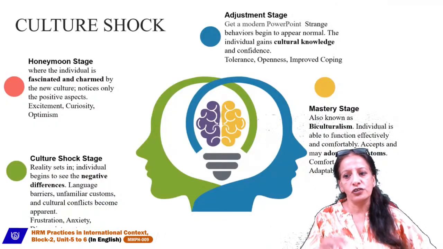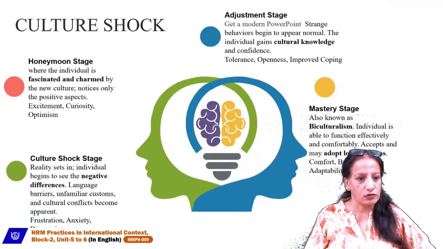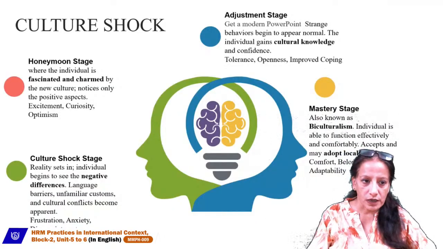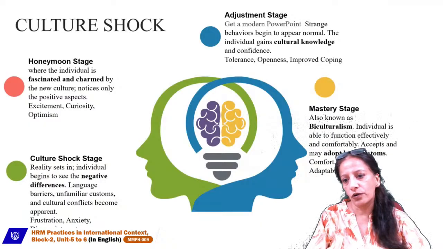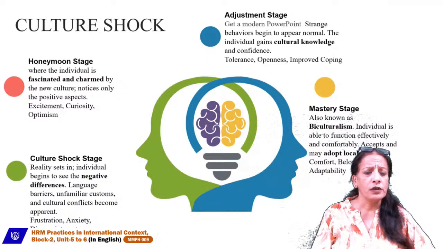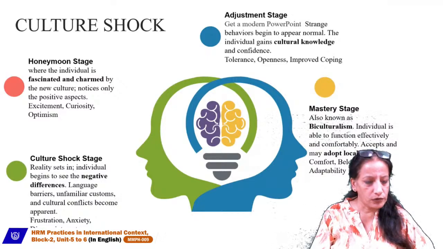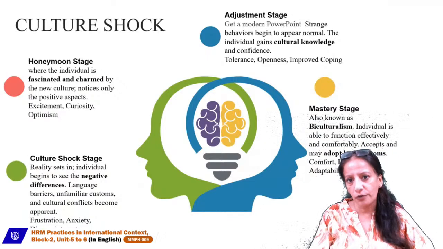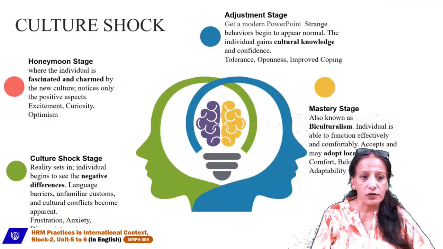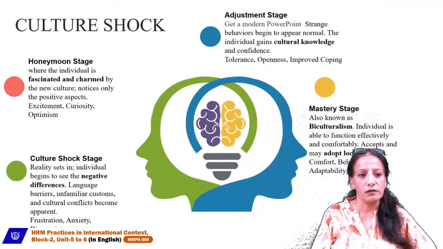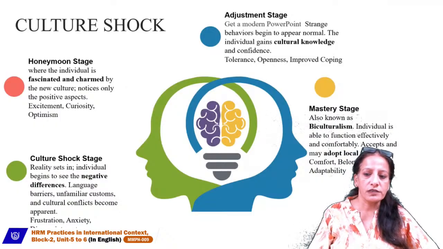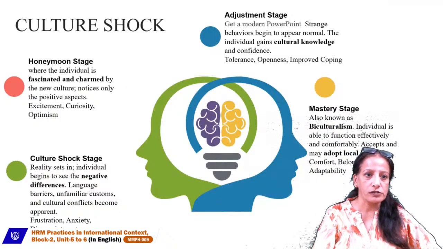From the honeymoon stage to the mastery stage, it depends on the organization's policies, organization culture, the timeline, how many people were recruited, and whether employee adjustment processes are there or not. If there are employee assistance processes, then it's easy to move from the honeymoon stage to the mastery stage. Otherwise, sometimes it may take a long period also.